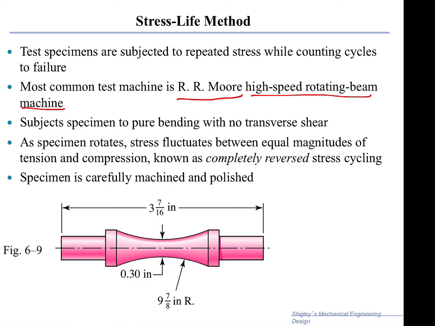And the idea is that the sample is subjected to pure bending with no transverse shear. So the dimensions are chosen so that the sample length is 3 7/16 inches, and it is very highly polished, and the surfaces of the sample form a kind of hourglass shape.